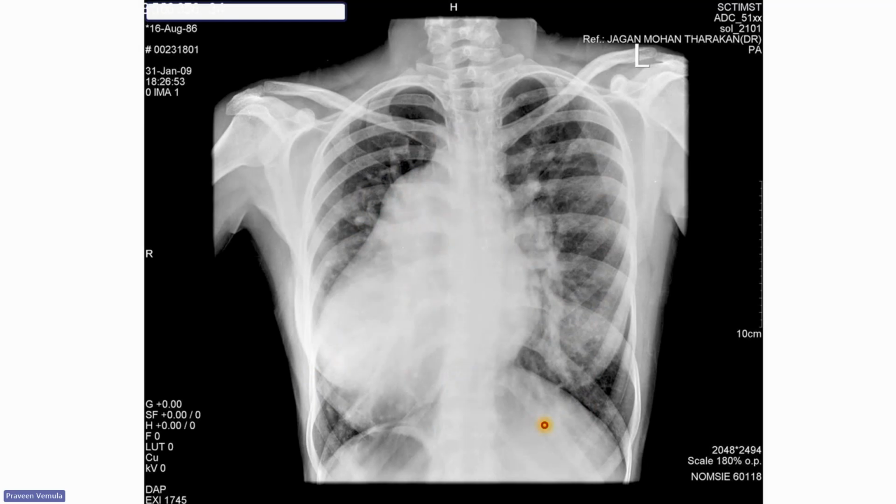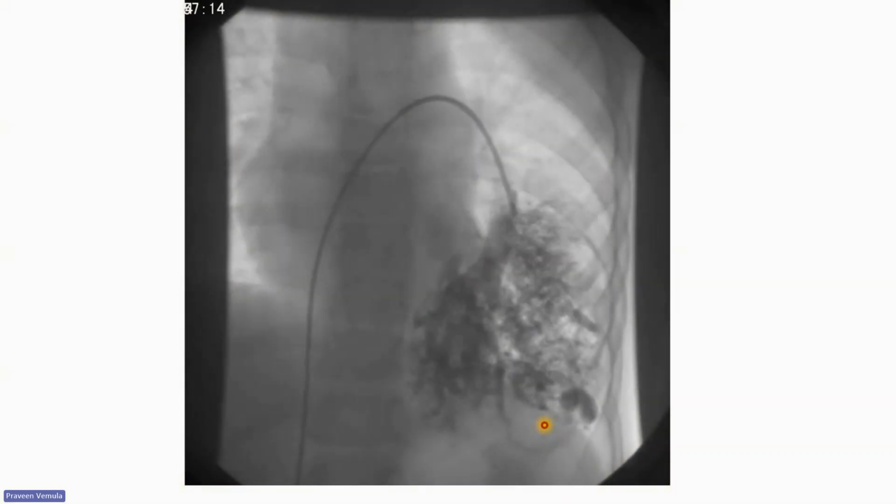What are the most common acyanotic congenital heart diseases which usually come across? Ventricular septal defect, PS, ASD, and PDA. Out of this, which is most likely in this case? Significant cardiomegaly with such a prominent pulmonary artery. I think ASD should be considered in this case rather than VSD. Okay. Yeah. Next person.